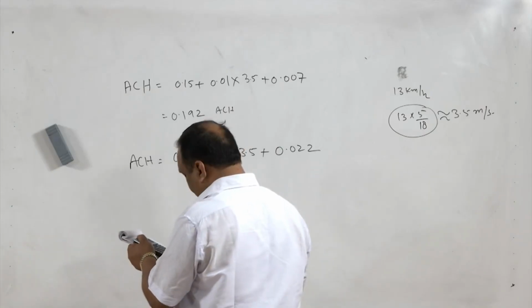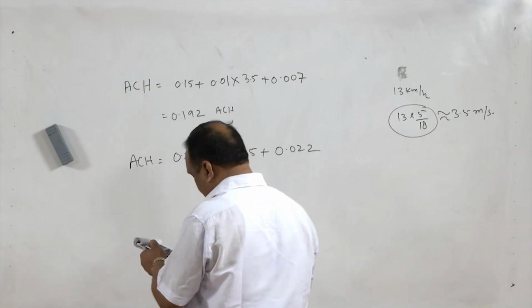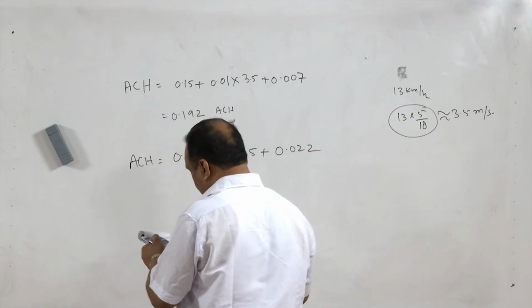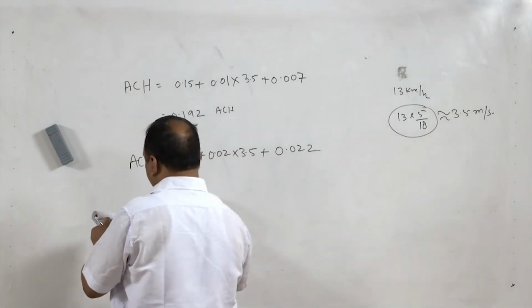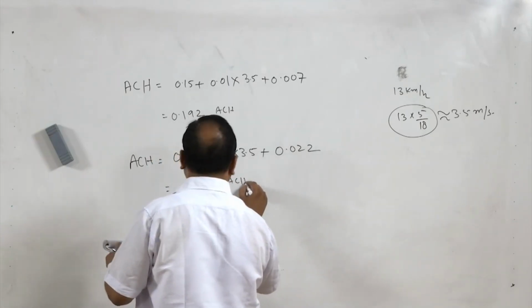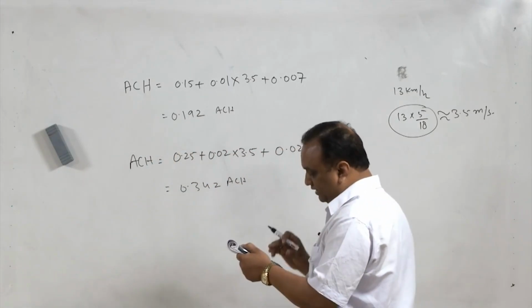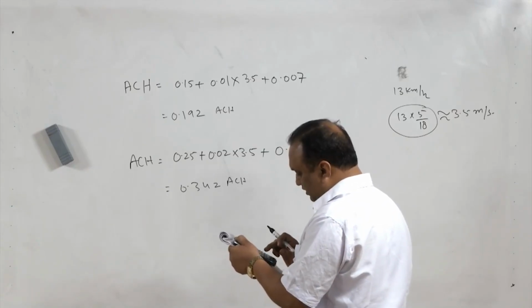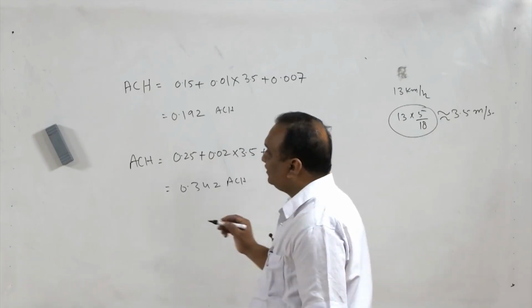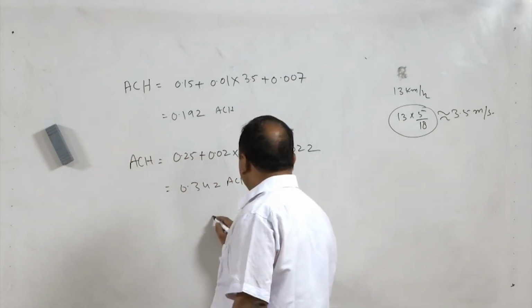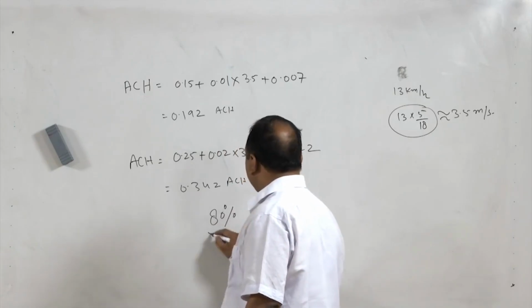If I solve this, it is going to be 0.342 air changes per hour. Now you can see this is 0.342 and this is 0.192. The air changes per hour in the loose building is approximately 78 or 80% more.